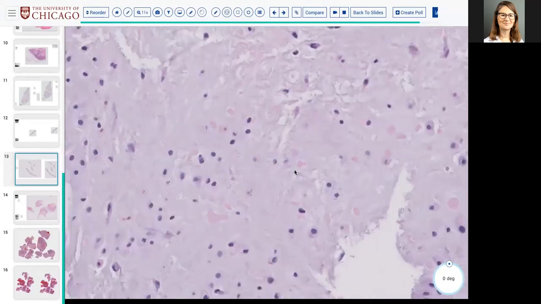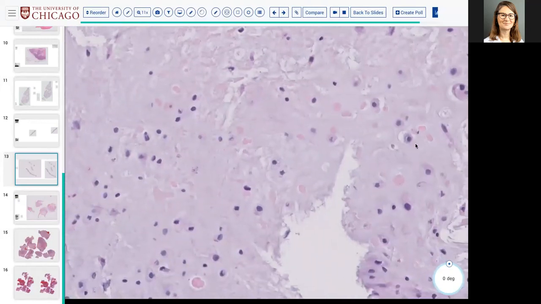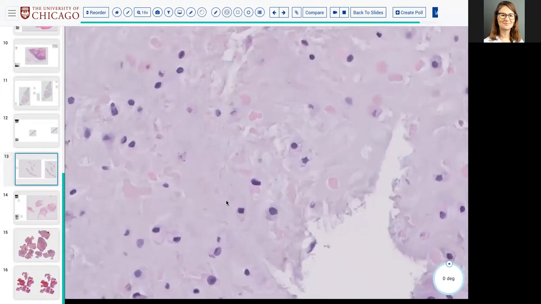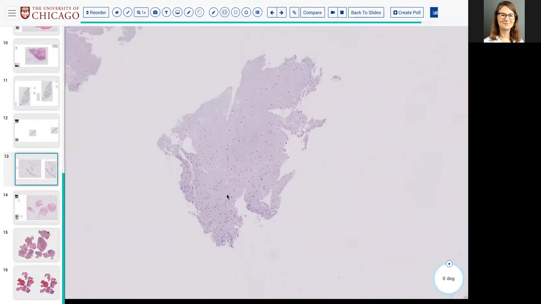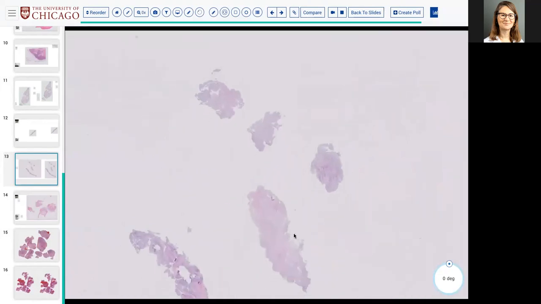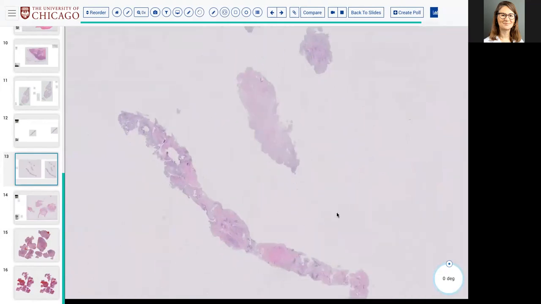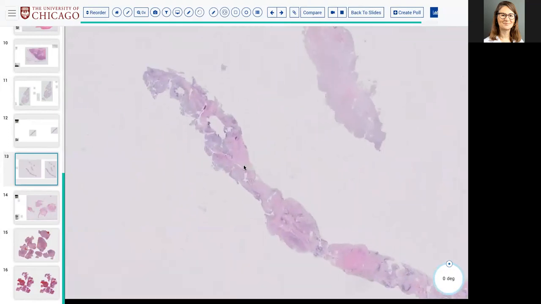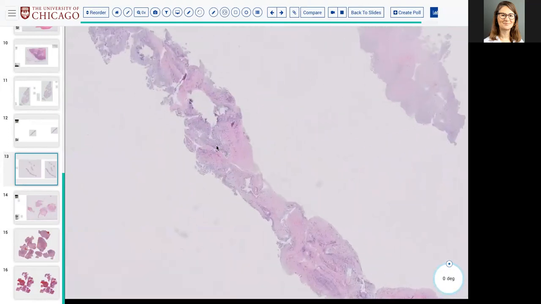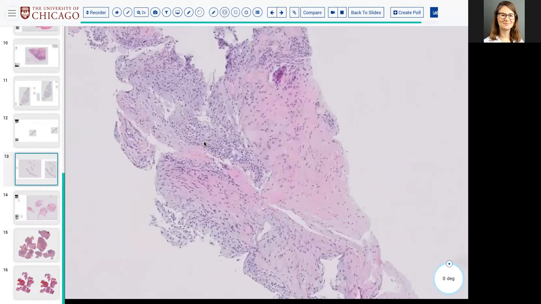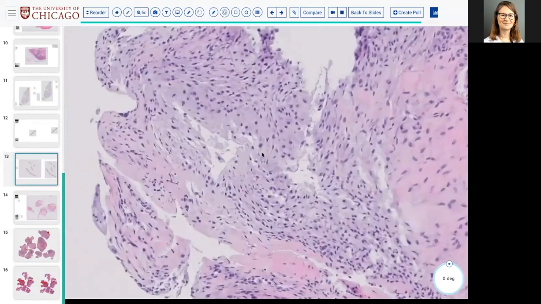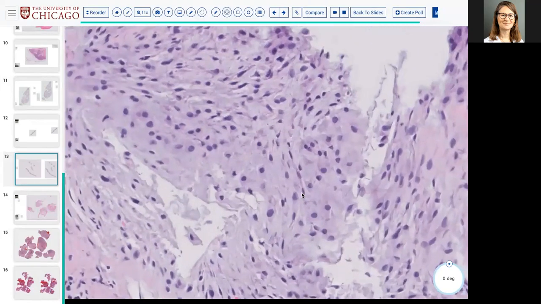However, small dark round nuclei, but interspersed with some individual necrotic chondrocytes. So this is a tumor that's involving both the bone and soft tissue of the humerus and sort of perihumeral area. So any thoughts on what this might be?